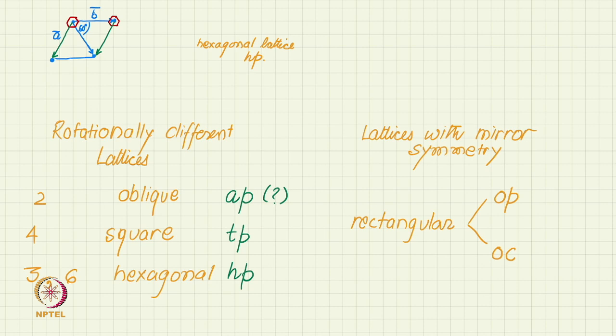So, 3 and 6 gave you the same hexagonal symmetry, 4 gave you the tetragonal and 2 gave you oblique. Similarly, if you have the mirror, then you can have M or you can have 2 mm. These will come under rectangular. If you have 4 mm, that will come in a square.